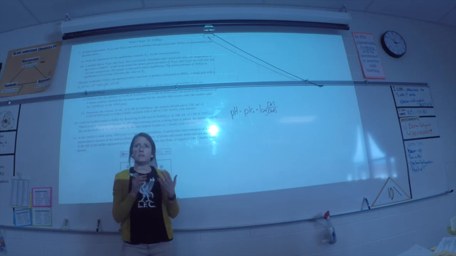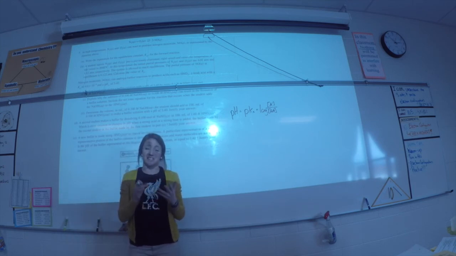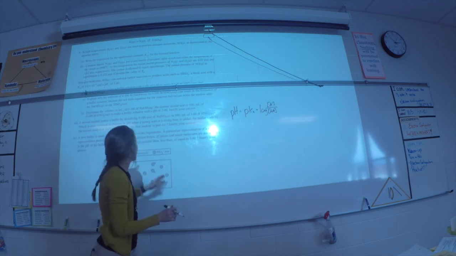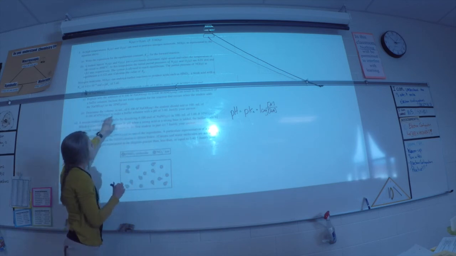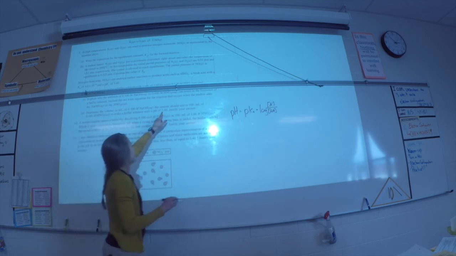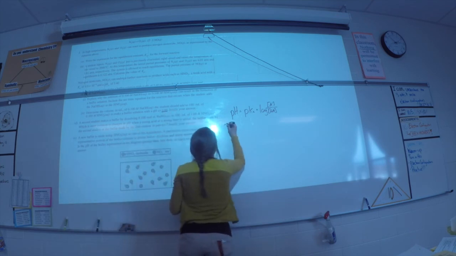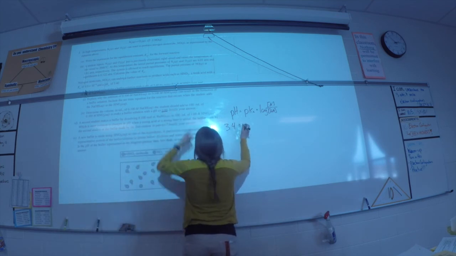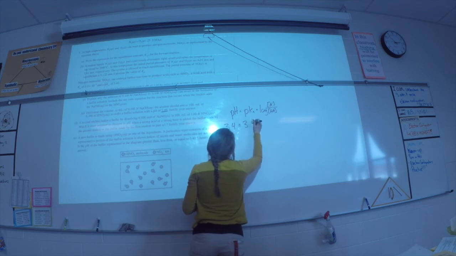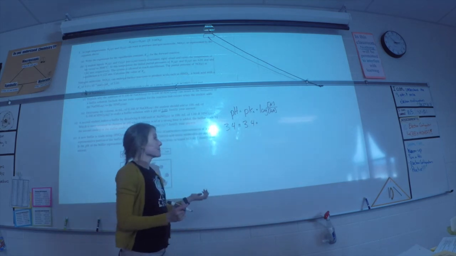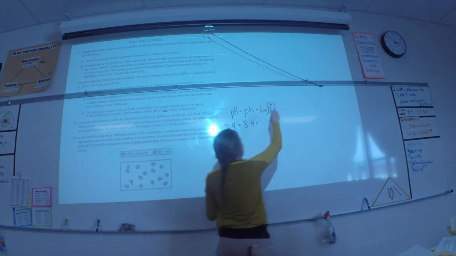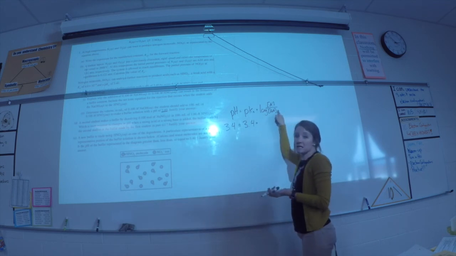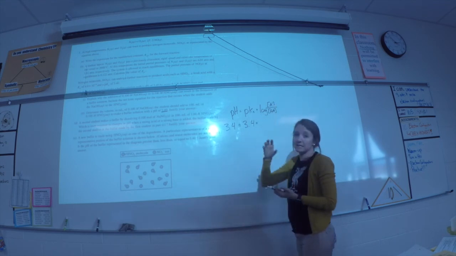Where I saw the most common mistake or misconception is a lot of people claimed and they said, okay, well, notice that the pH that I want, so I want a pH of 3.4, and my pKa is actually 3.4. So they were saying, oh, well, in that case, these two things must be equal because the log of 1 is 0.